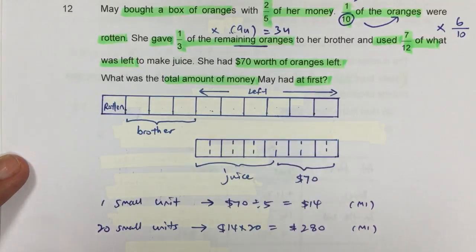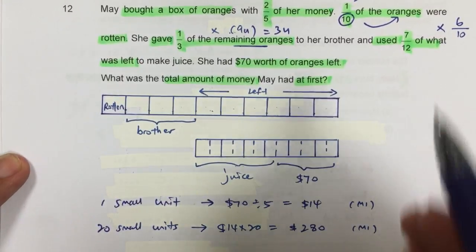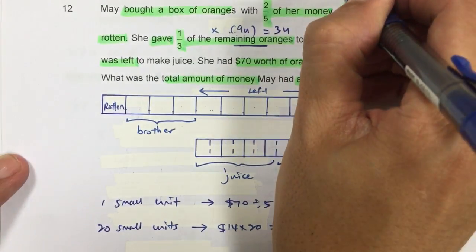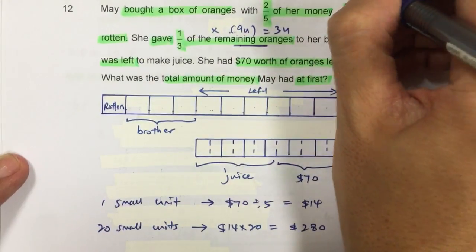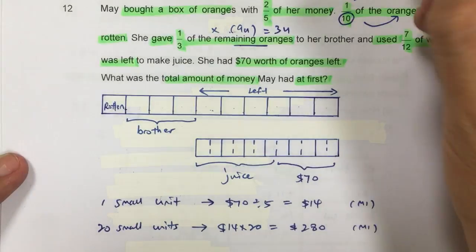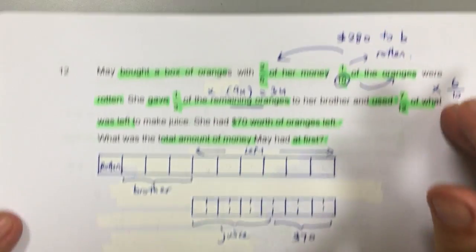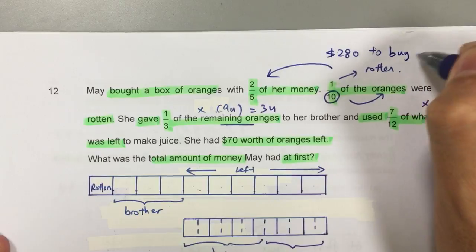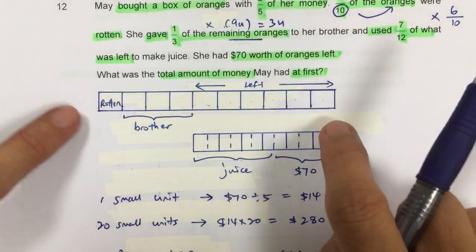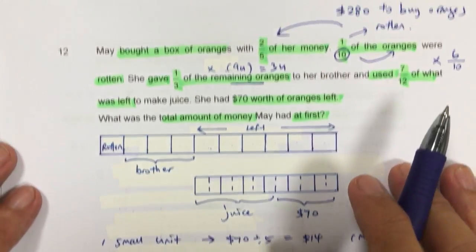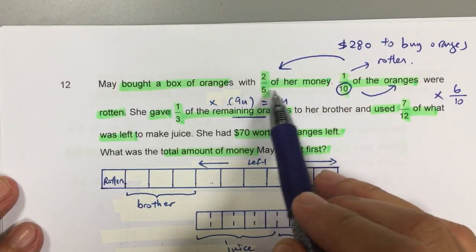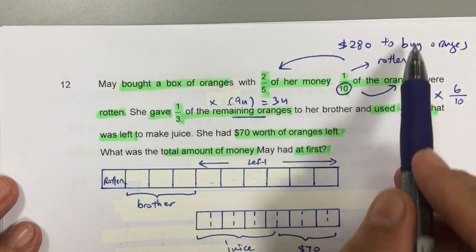Okay, $280. So what is this? This is the amount she used to buy oranges. Okay, so if you look back, $280 is the amount, is 2/5 of her money to buy the oranges.